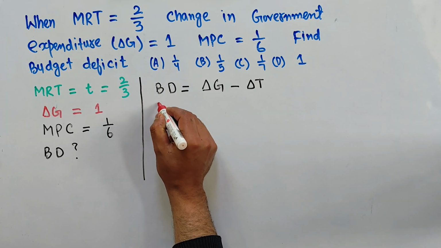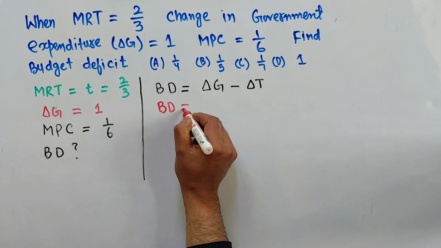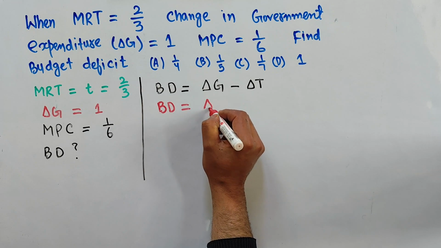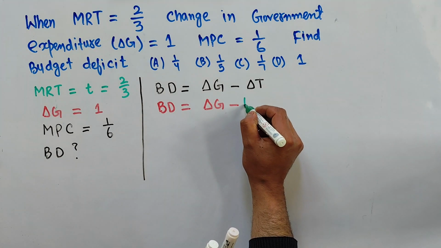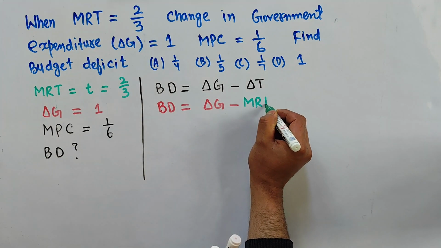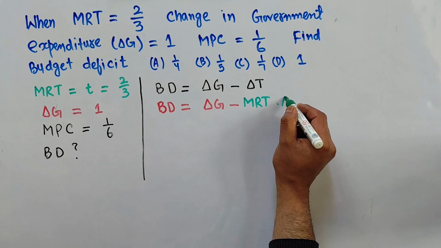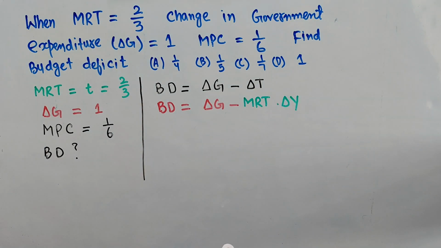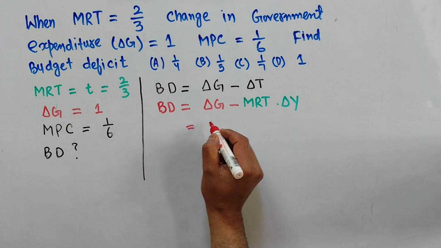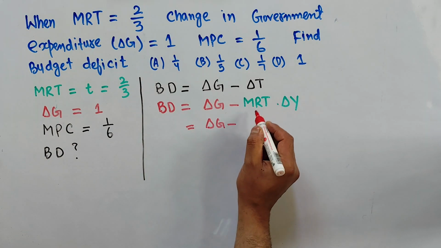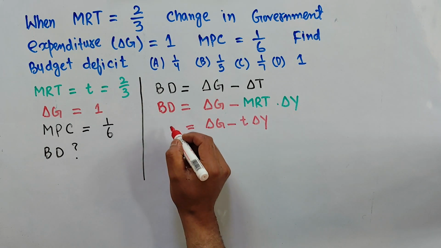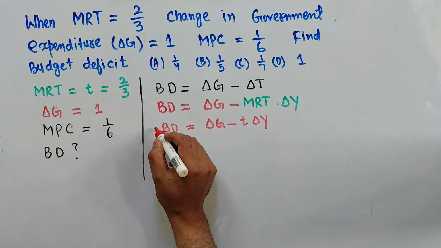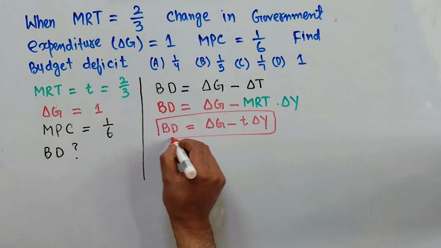So budget deficit will be equal to change in the government expenditure minus the total tax, that is equal to the marginal tax rate, what we call MRT, times the change in the income. So we will have del G minus MRT, denoted by small t, times del Y. This equation will give us the budget deficit.